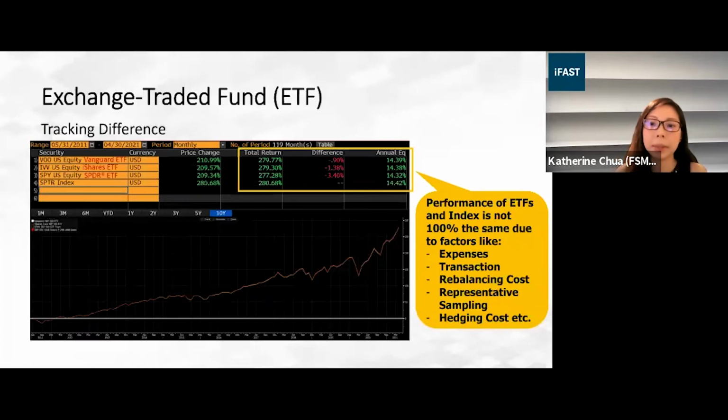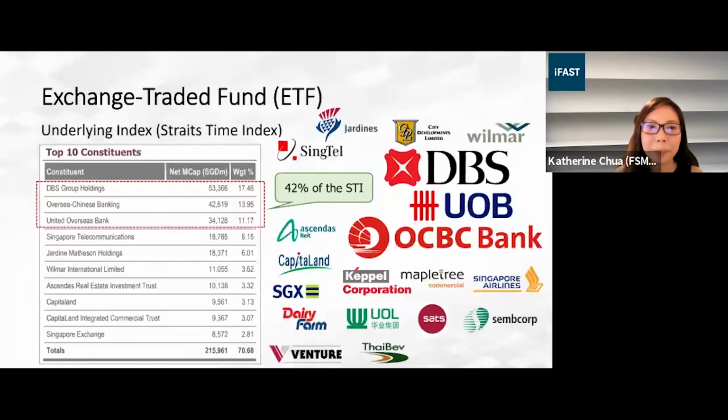Typically, you can download such info from the ETF fact sheet, especially from the product provider's website, which will show you the tracking difference between the ETF and the underlying index. To conclude this slide, we want to select something that has the smallest tracking difference, so that it can duplicate the index more seamlessly.